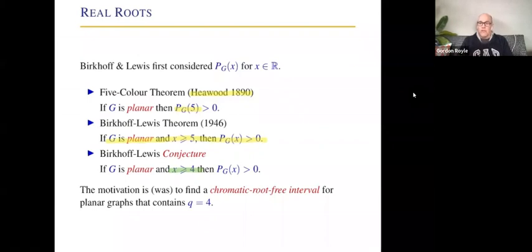And of course, the motivation for this was to find a chromatic root-free interval for planar graphs containing q equals 4. So this would be an extension of the 4-color theorem. This is still unsolved, and this is now 75 plus years old and still unsolved, which is a bit sad.